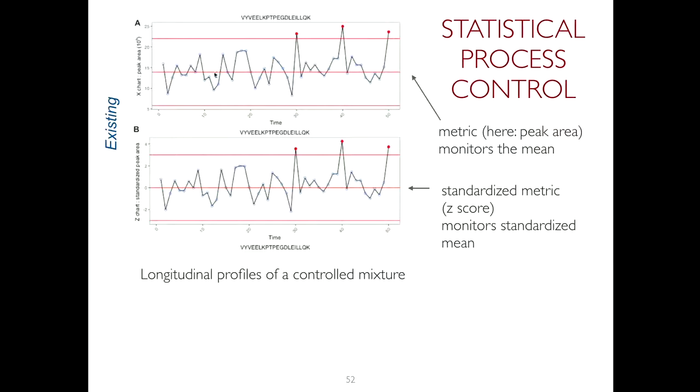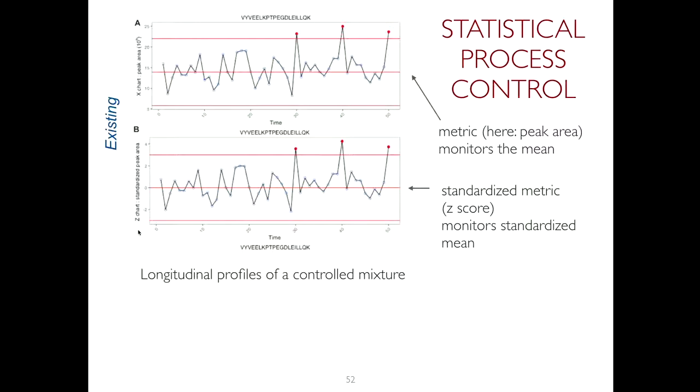What you can do is take some number of runs which you view as good quality runs because you think they went well, and you can estimate the extent of variability of the peak area of this peptide in these runs, and define the limits within which you think the peptide performs well. If the signal extends beyond these limits, you say that this is a problem, right? You flag this as an issue.